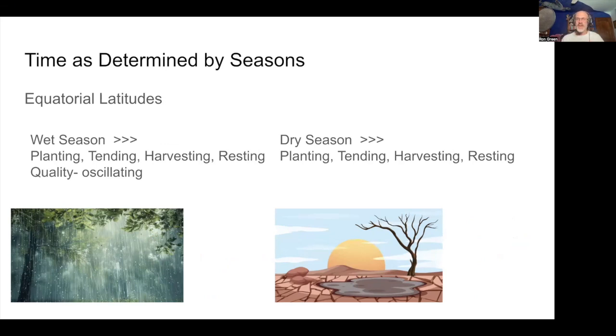So in equatorial latitudes, depending on where you're at in the world, things can change quite dramatically.